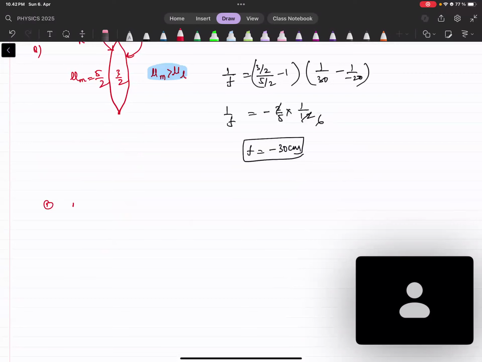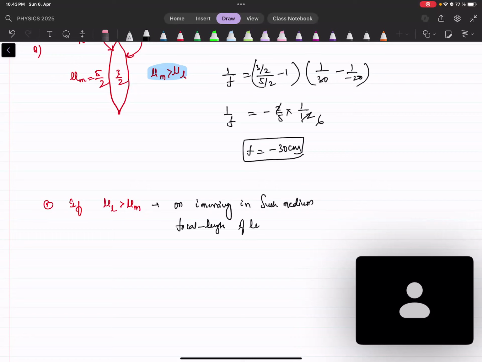I'll write here: if the refractive index of the lens is greater than the refractive index of the medium, beta, on immersing in such a liquid or such a medium, the focal length of the lens will increase.